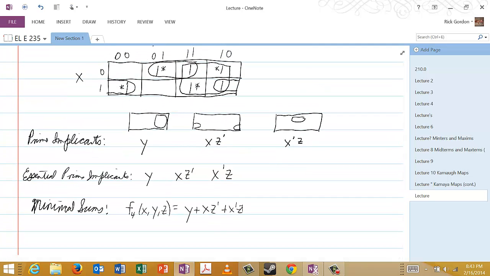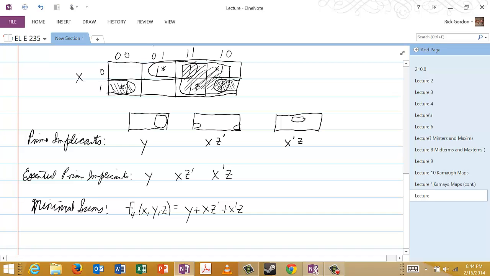And now that we've written down those, we'll go back and shade in each one. Y takes care of those terms. X z prime takes care of this term, which is already shaded, so we really don't need to shade it again, and also this term.